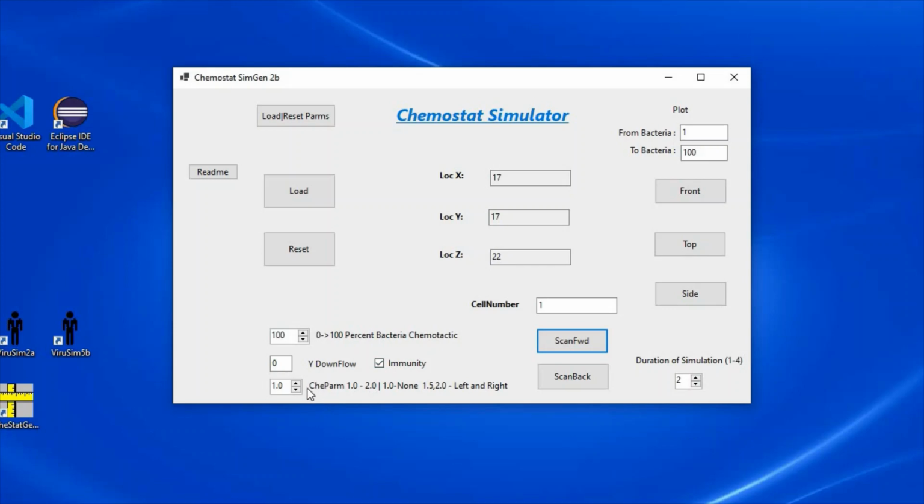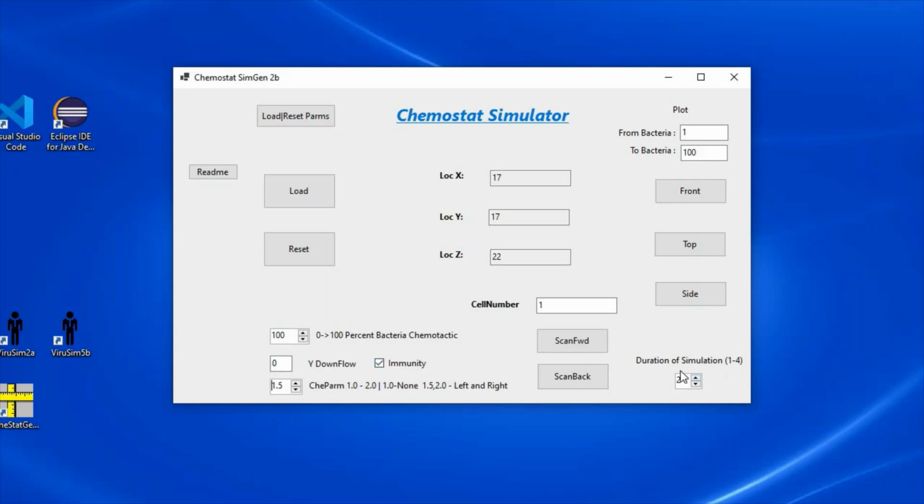And then we have chemotaxis parameter, which means that the chemostat simulator or the intestine of the host gives off the chemicals which are needed for chemotaxis of the bacteria.